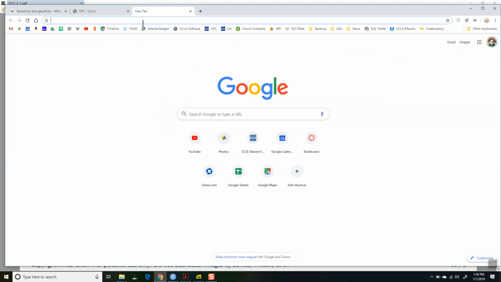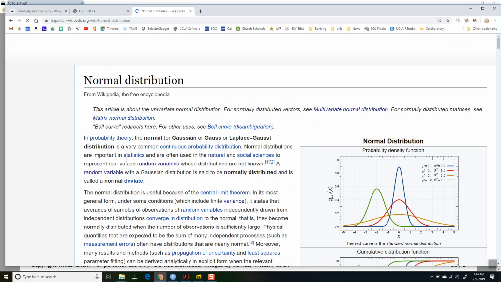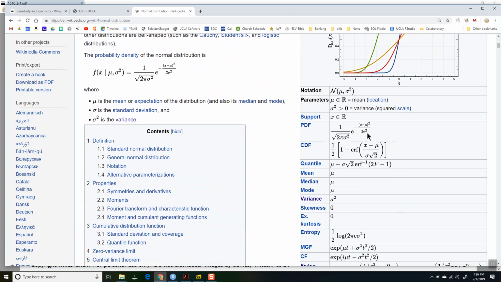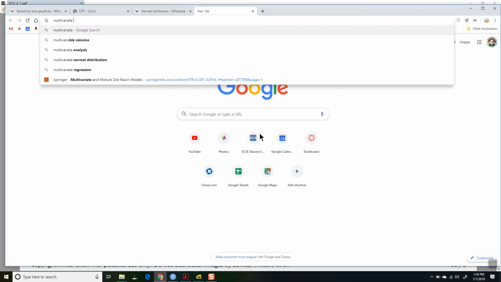All right. Okay, so we'll go to normal distribution. Okay, so here's the PDF of the normal distribution. And then let me do multivariate normal distribution.